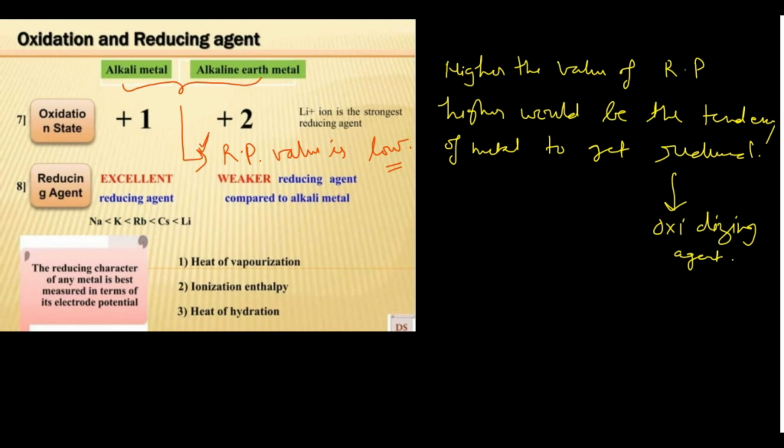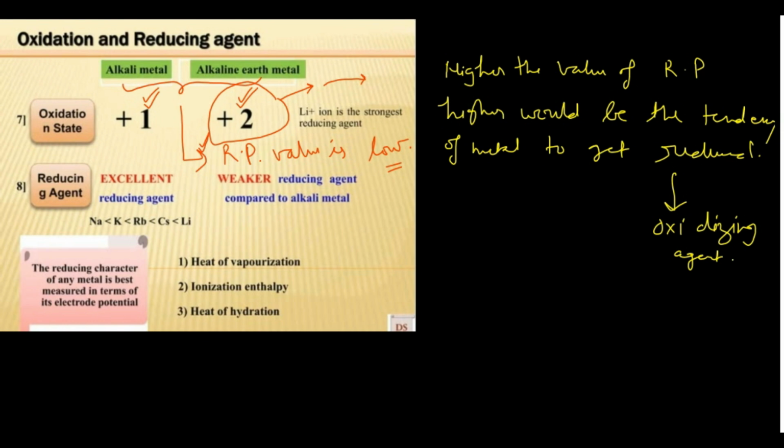But the value of the reduction potential of group 2 elements, you can see, is higher when compared to the group 1 elements. Since the value is higher for them, they will have a higher tendency to undergo reduction, and that's why they will act as an oxidizing agent.